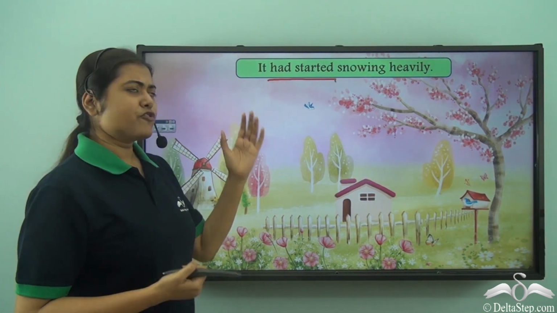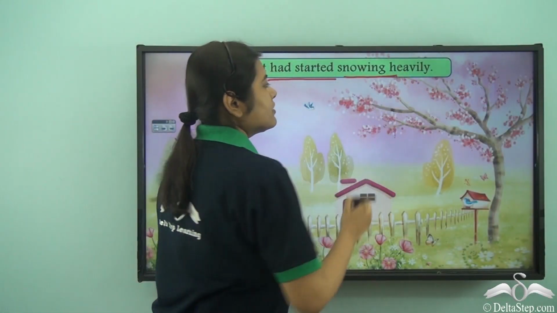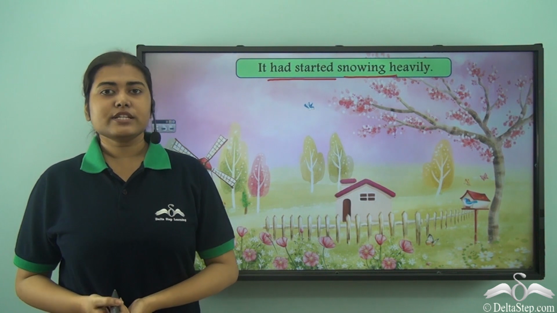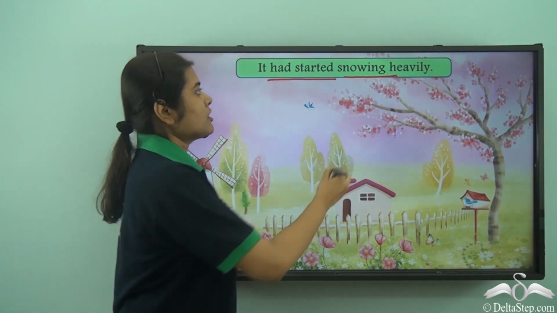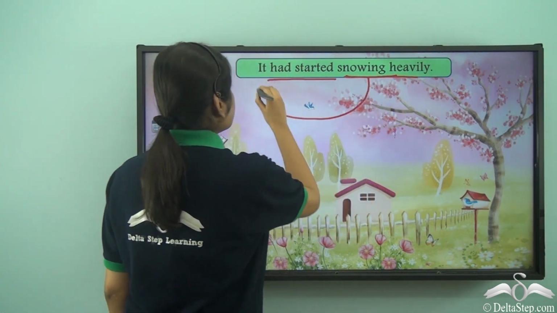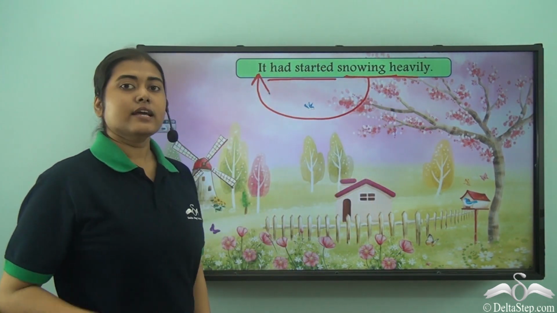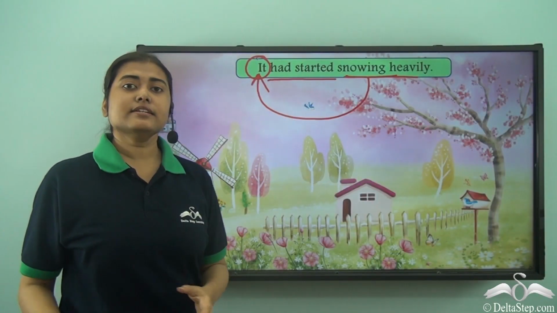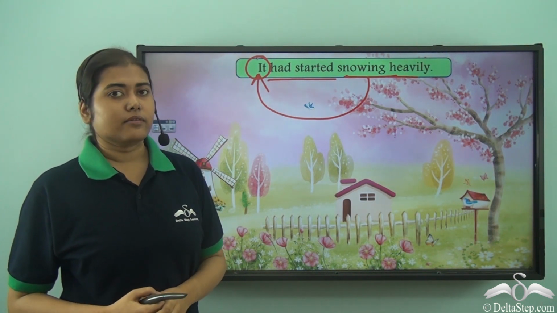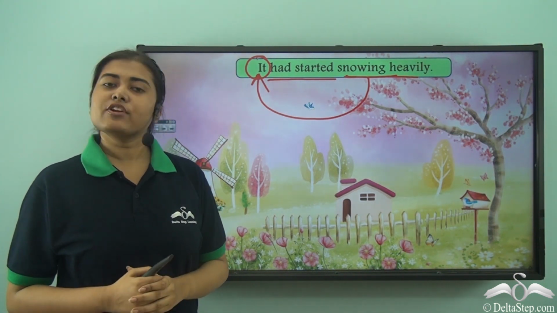Well, some of you might think snowing heavily is an object in this case, or snowing is an object, but it is not. Why? Because you see, snowing heavily is referring back to this pronoun it. So this action had started does not have a receiver. Hence, it does not have an object.